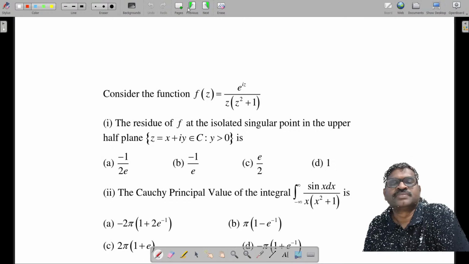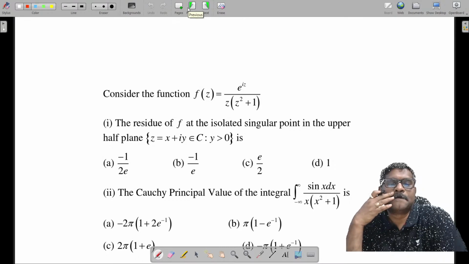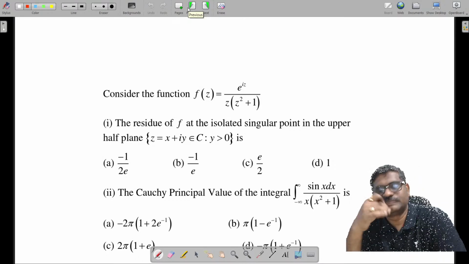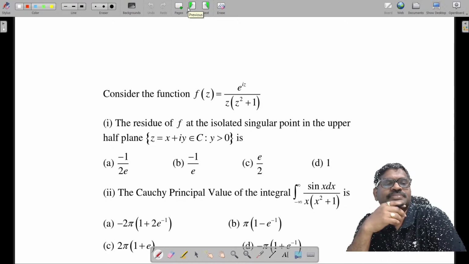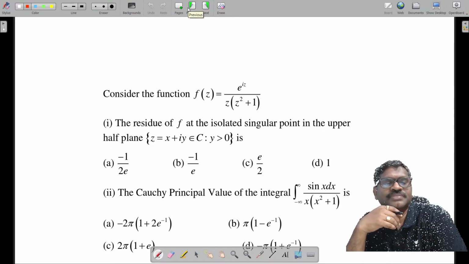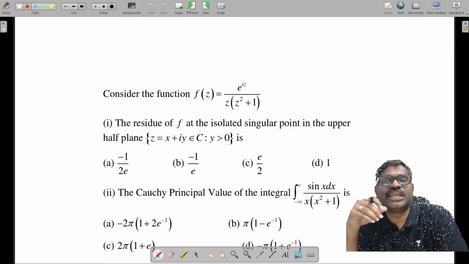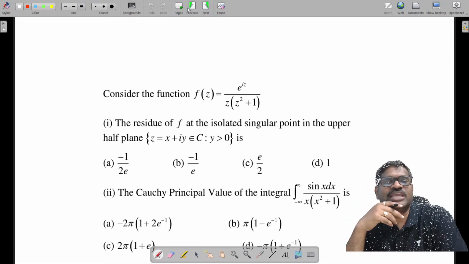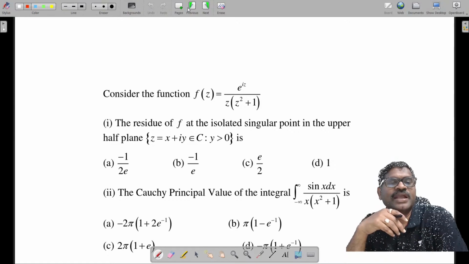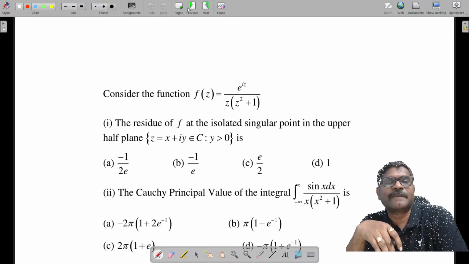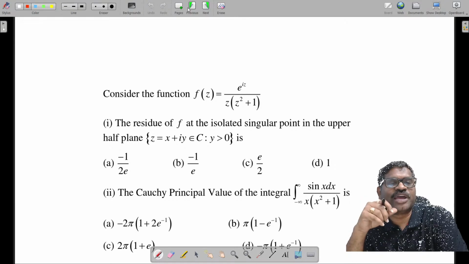Observe the next problem. Consider the function f of z is e power iz by z into z square plus 1.